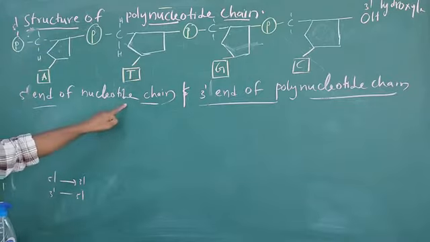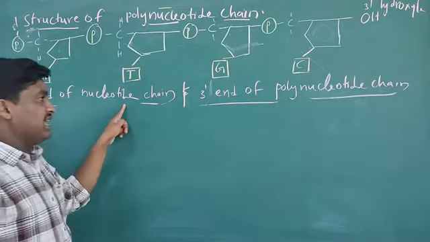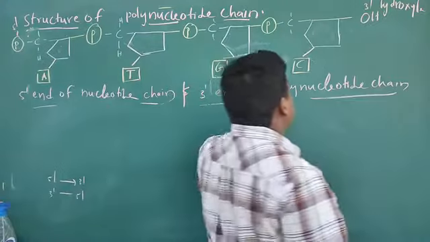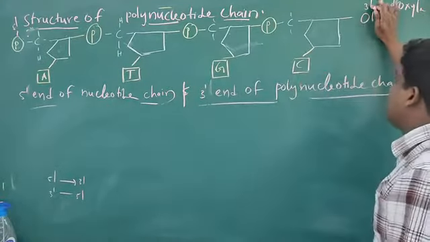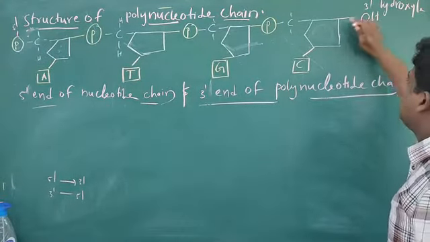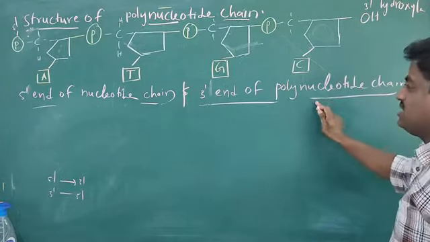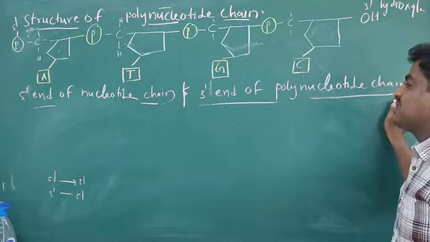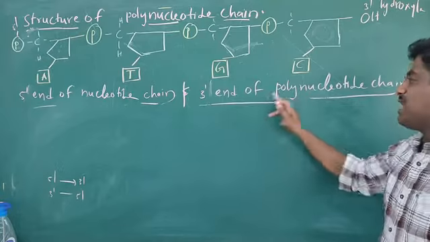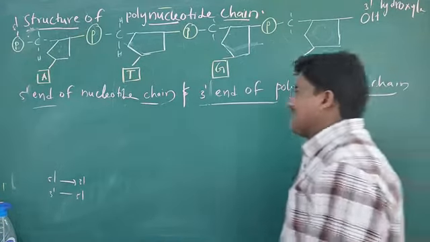The 3' end means the ribose sugar has a 3' OH group present. That is why it is called the 3' end of the nucleotide.